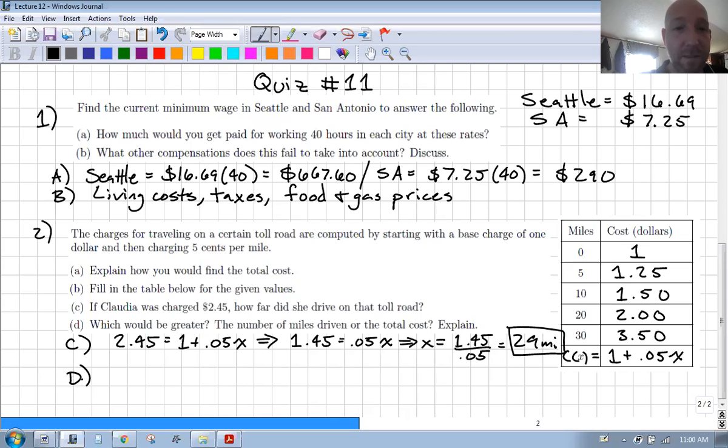So D, which would be greater, the number of miles driven or the total cost? Well, it depends, right? Let's see.